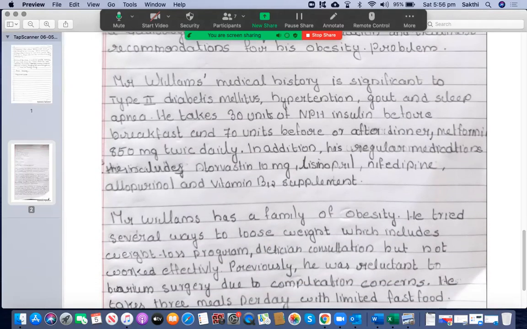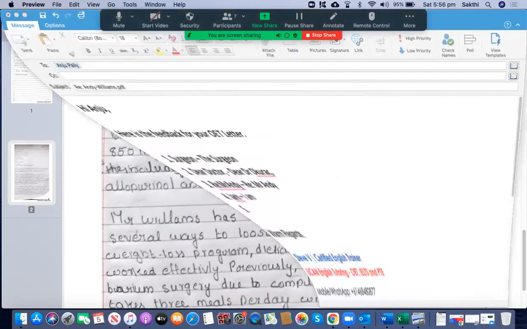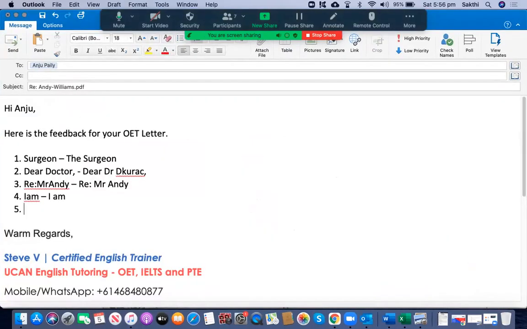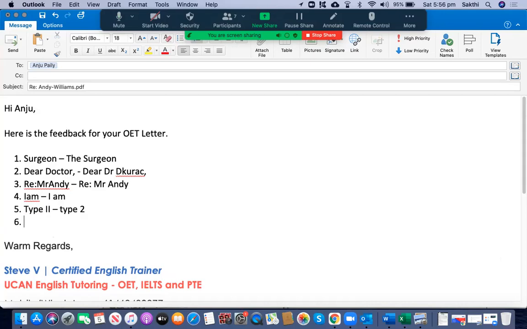Mr. Williams' medical history is significant for type 2 diabetes mellitus. Don't use this capital T. It's not needed. Don't use the Roman numeral. It must be type 2.